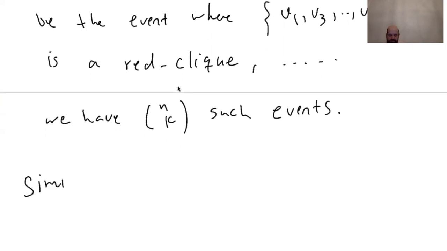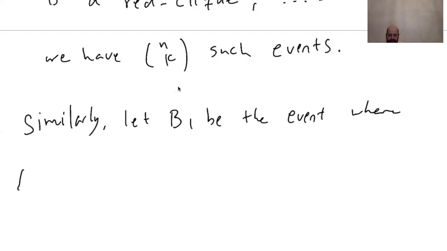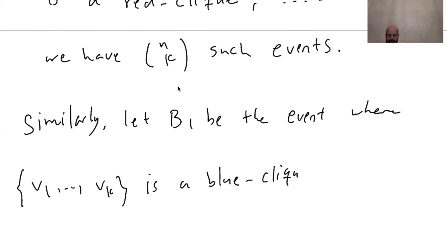Similarly, let B1 be the event where V1 to Vk is a blue clique, again of course of size k.